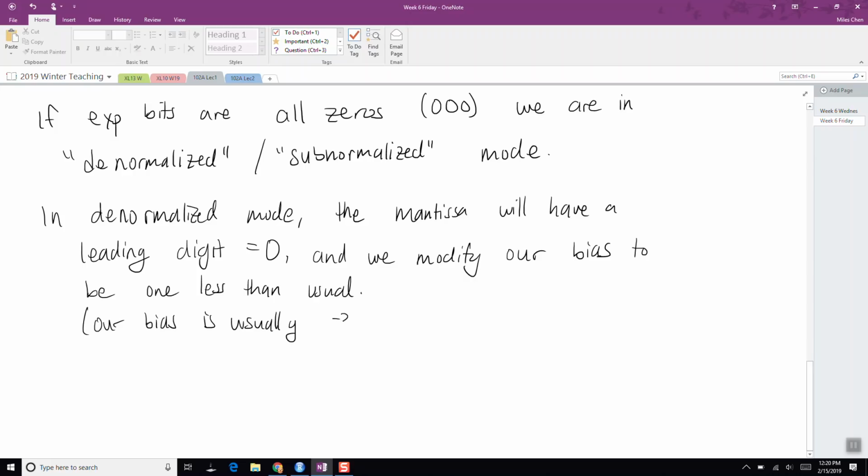Our bias is usually 3. Now our bias is 2. Okay, and this kind of helps smooth out the number line.